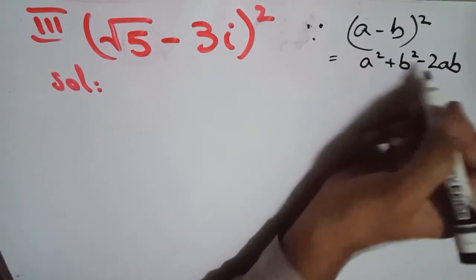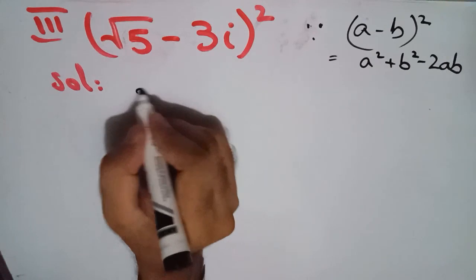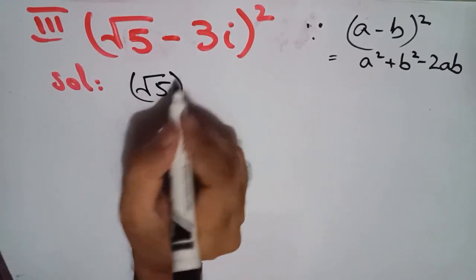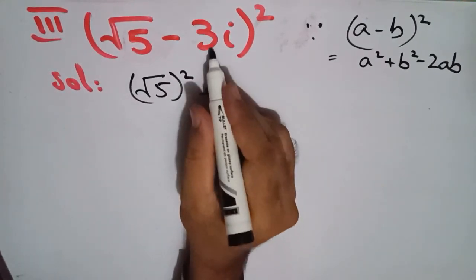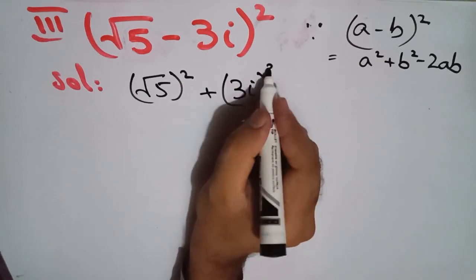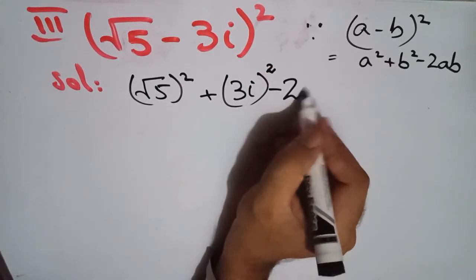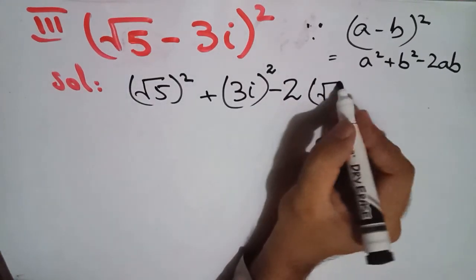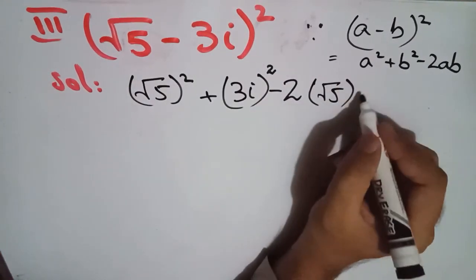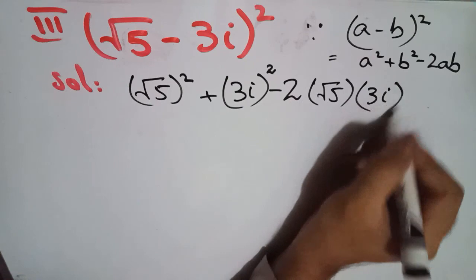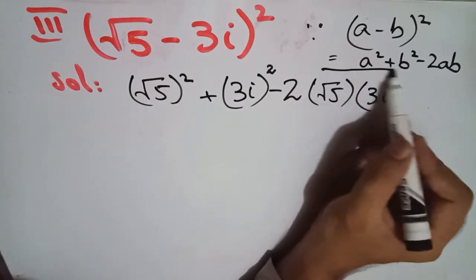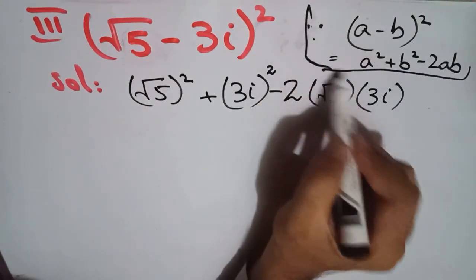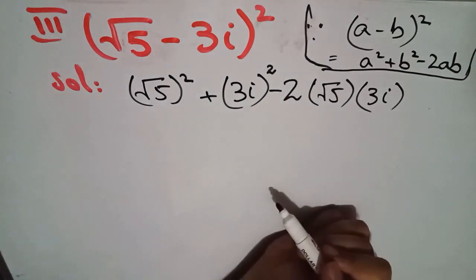This is the formula we can use here. So a square plus b square minus 2 a, what is the a? Under root 5. And what is b? B is 3 iota. Okay, it is the rough work.